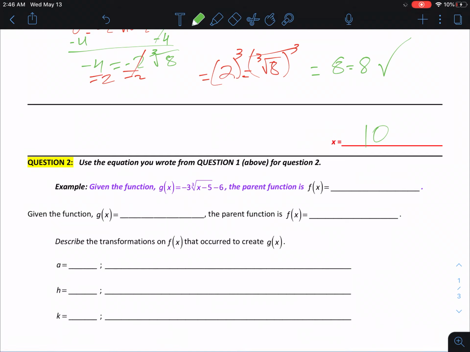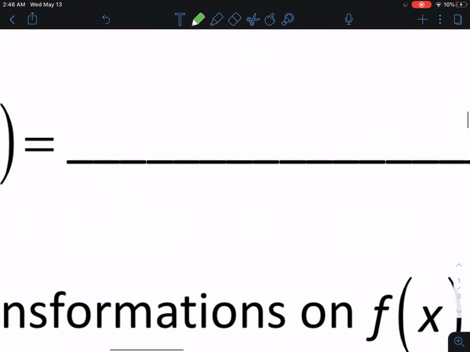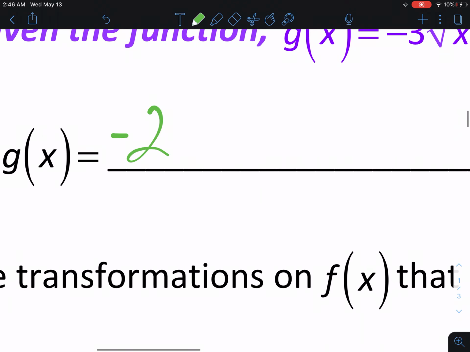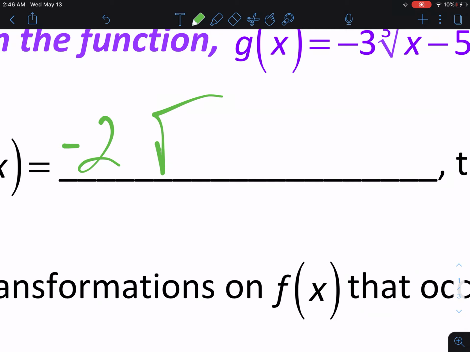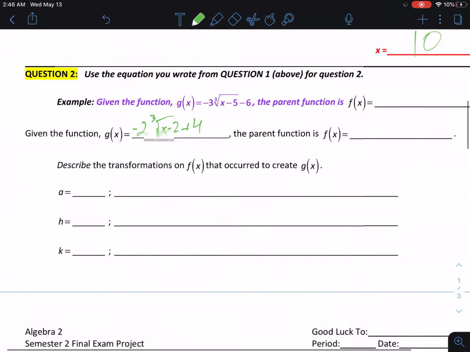Now for question 2, we are using the same function. So it would be g of x equals -2 times the cube root of x minus 2, plus 4.